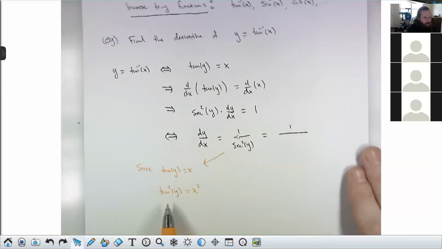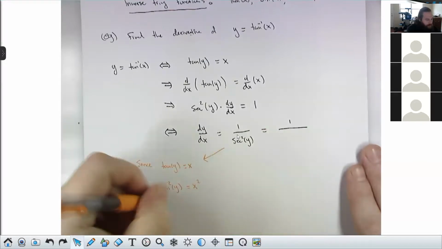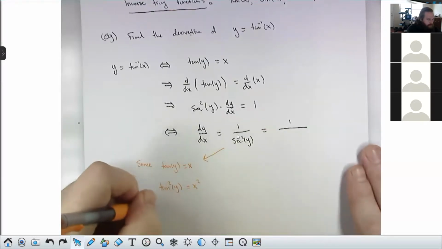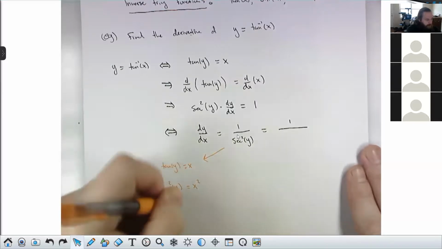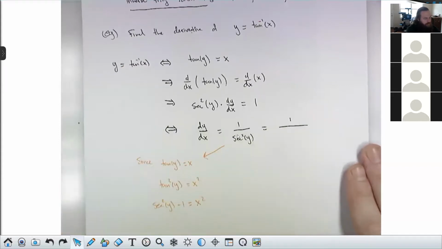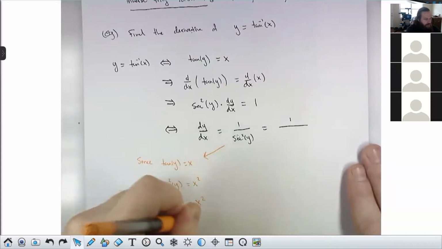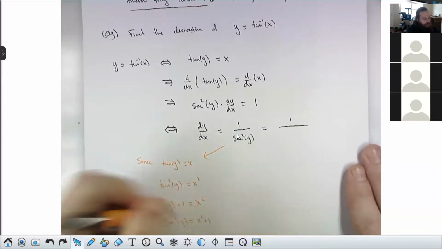But tan squared of y, there's a Pythagorean identity relating tangent and secant. Secant squared is 1 plus tangent squared. So tan squared of y is the same as secant squared of y minus 1. So secant squared of y is x squared plus 1.